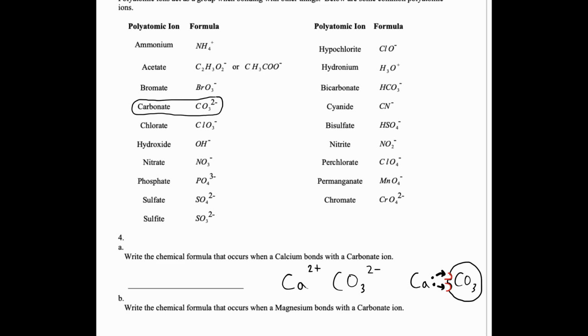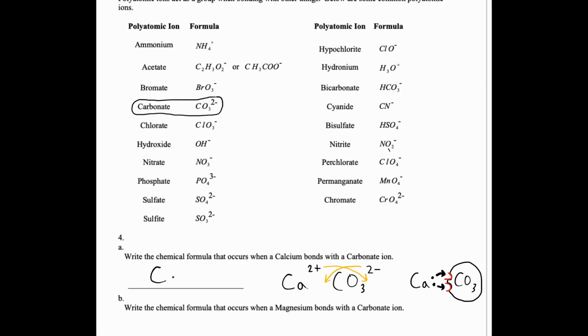So they form a perfect pair, and you could cross the charges here, and you'd get Ca2 CO3 2, but we don't have to do that because we'd rather reduce it to simplest terms, just like you would a fraction.